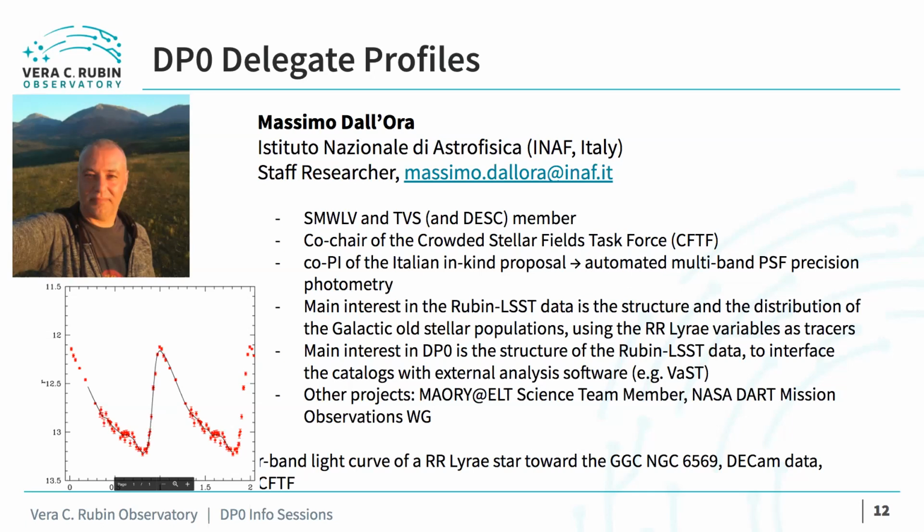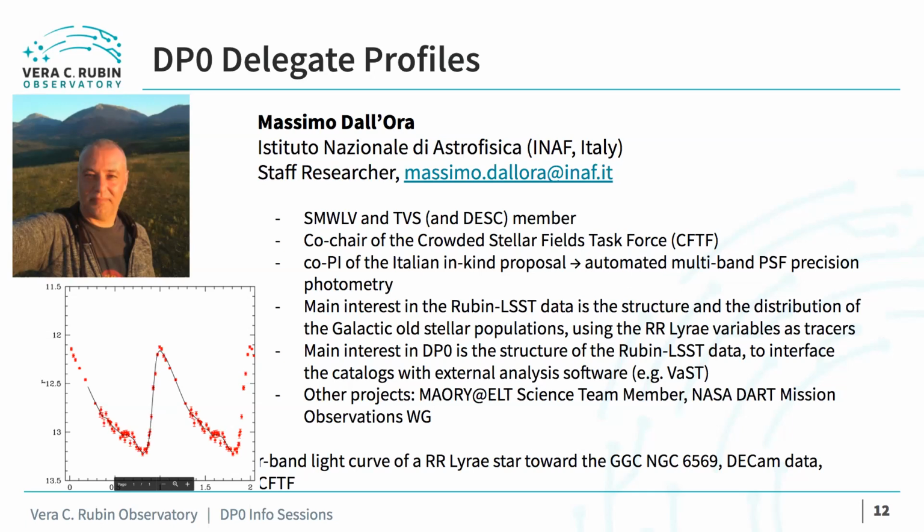My main interest in DP0 is to understand and be familiar with the structure of the Rubin LSST data, to interface the Rubin LSST catalogs with other external analysis software, for example, a software to pinpoint variable stars and determine, for example, their pulsation period.